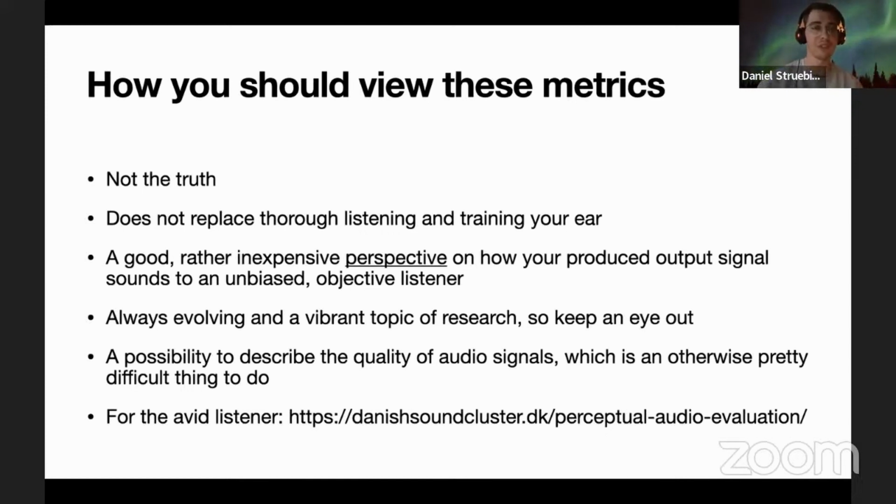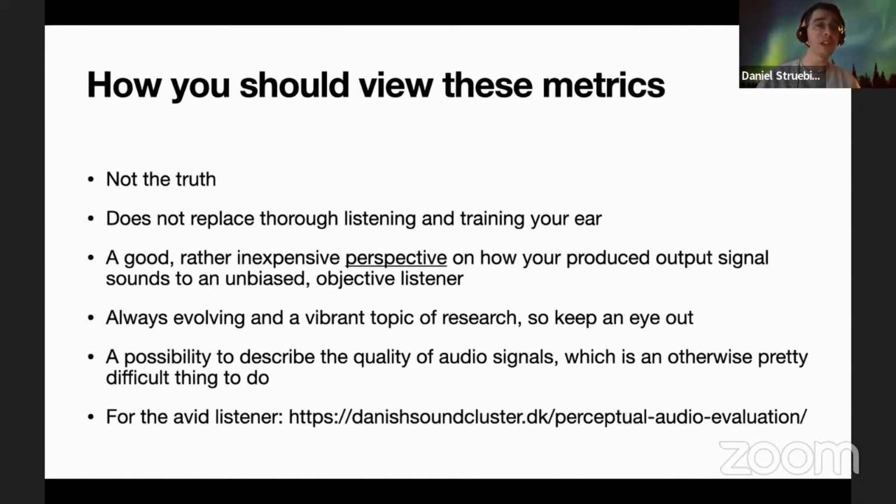These evaluators, these predictors, I would definitely not consider them as the truth, whatever that means. And it definitely does not replace thorough listening and training your ear. I would actually argue that, as I said earlier, your pair of ears is the best tool in your arsenal.